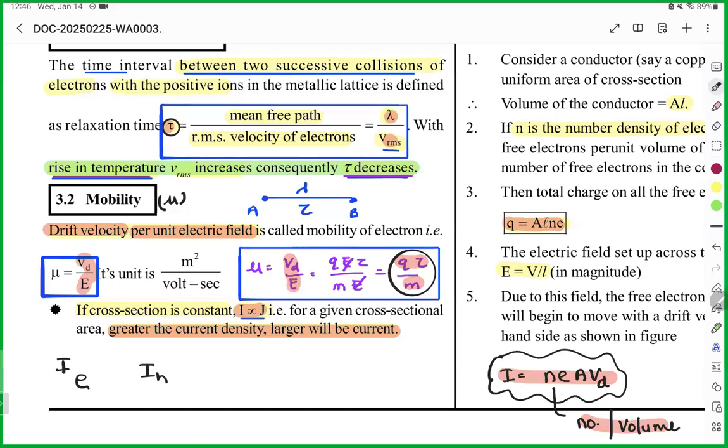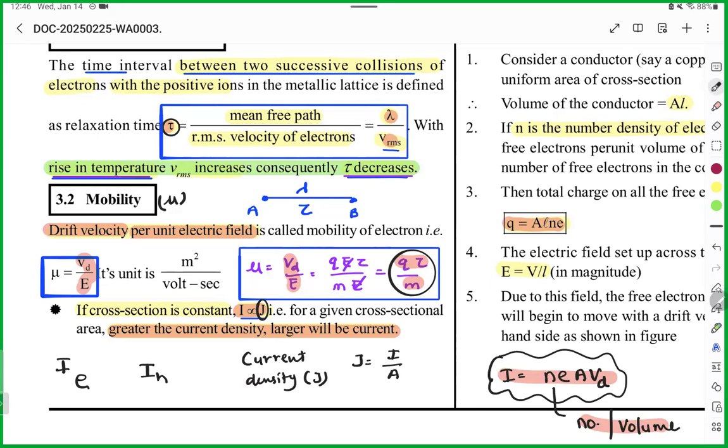So what is J in this case? What is this J? This J is current density. It means how much current is present in a given area.